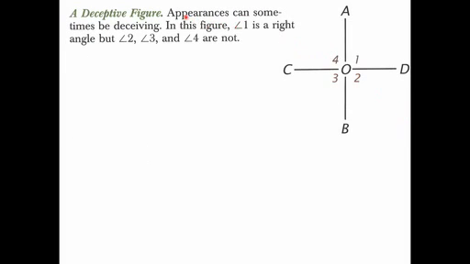Let's look at the given here. Angle 1 is a right angle, but angles 2, 3, and 4 are not. So think about that a little bit first. If this is a right angle and this one is not, that means that's 90, but this is not.